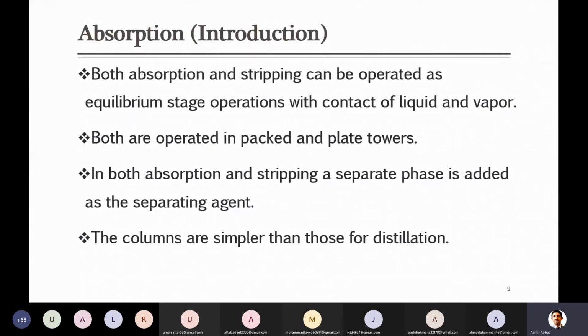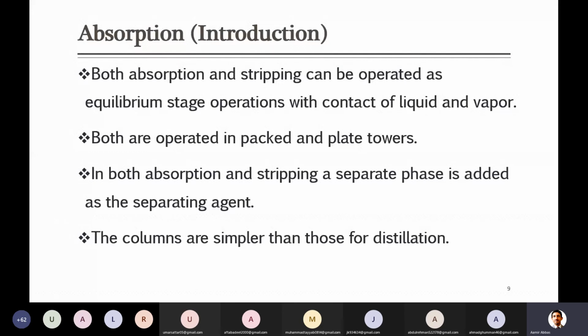In a distillation column, we have to use a condenser as well as a reboiler to achieve the specific separation. But in absorption and stripping, most of the time there is a simple straight column in which you introduce your mass separating agent and bring the other species in contact with it.